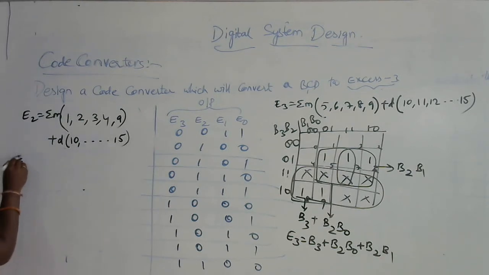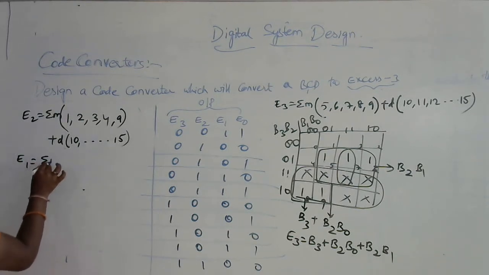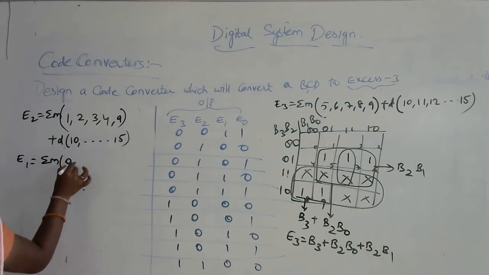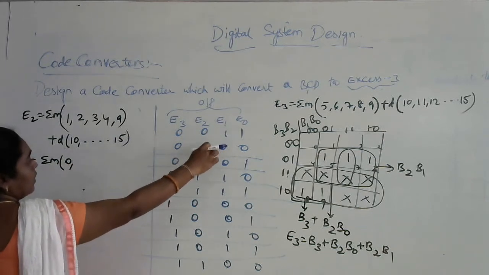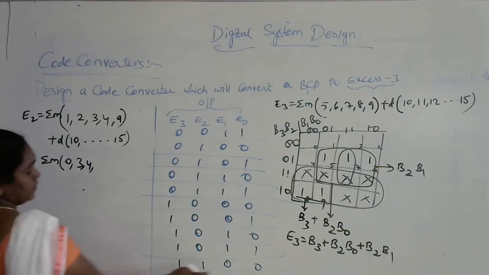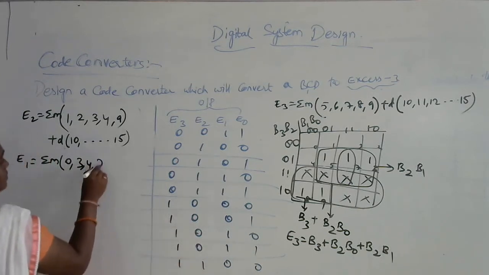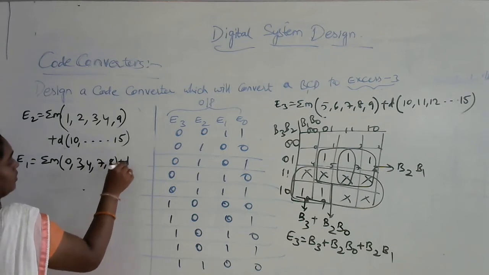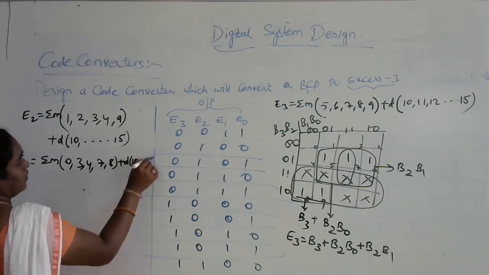Similarly, E1 is equivalent to sigma m of 0, 1, 2, 3, 4, 7 and 8, plus don't cares of 10 to 15.